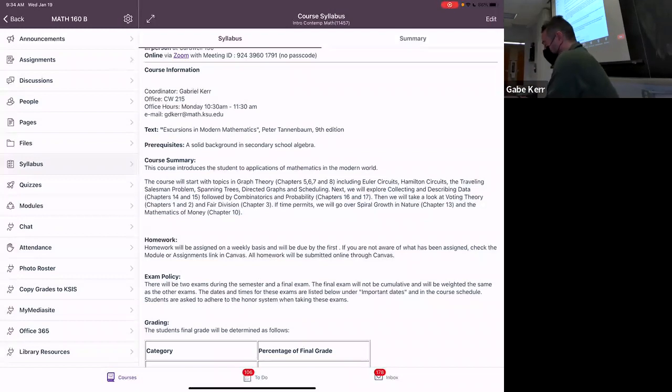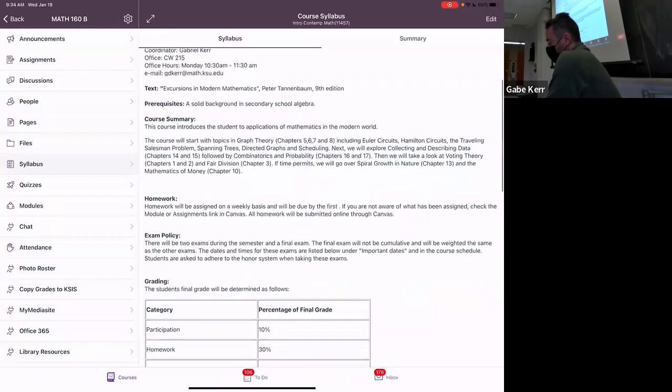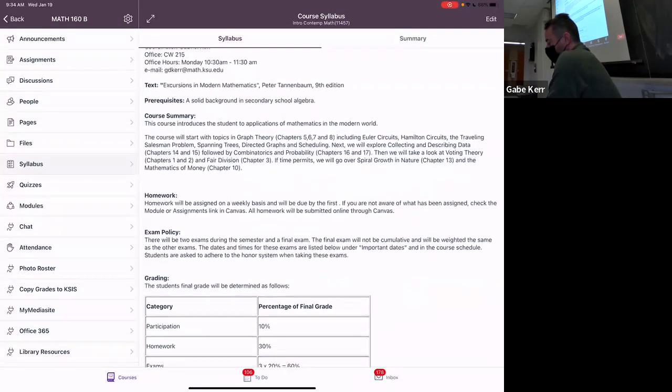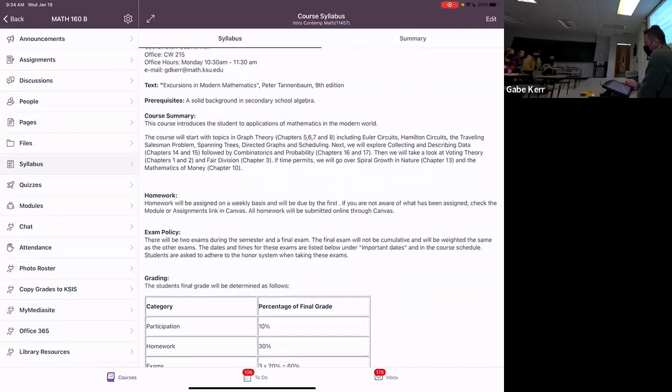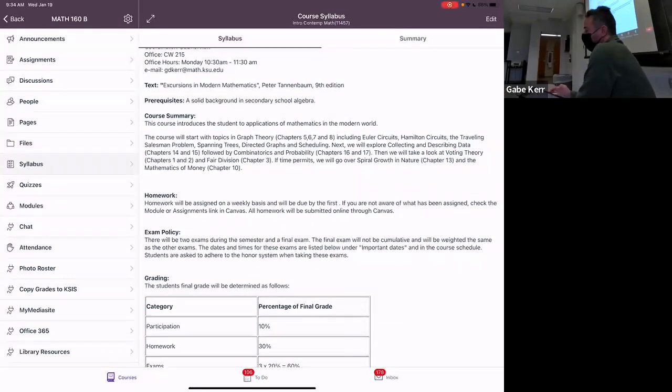But the subject is really interesting. Hopefully it piques your interest a little. Not many prerequisites. Just having a little grasp of some algebra might be helpful. Again, I'm not going to be too picky here.